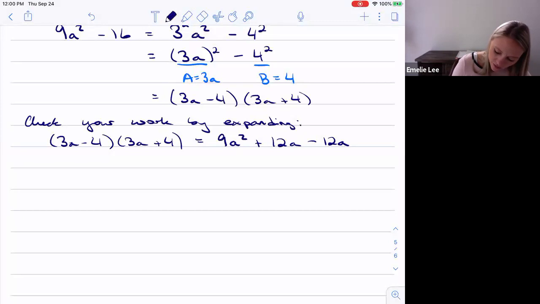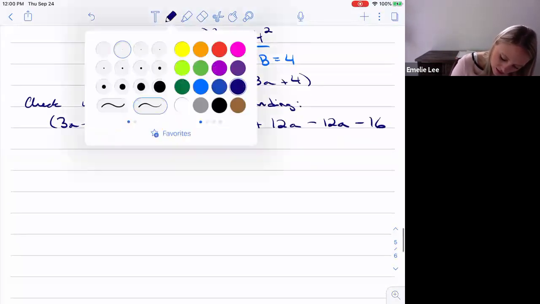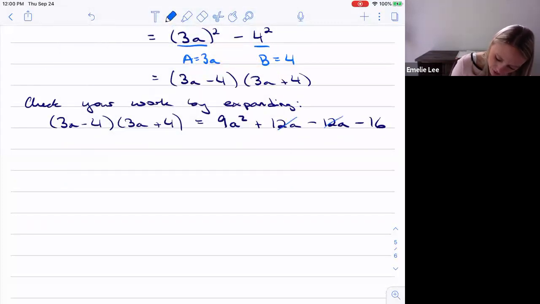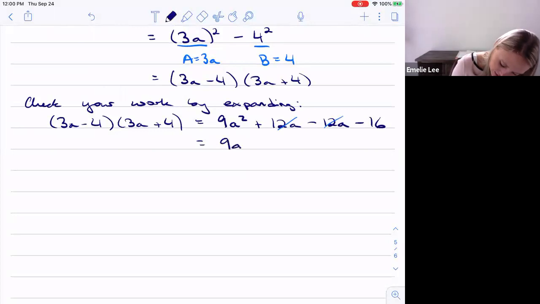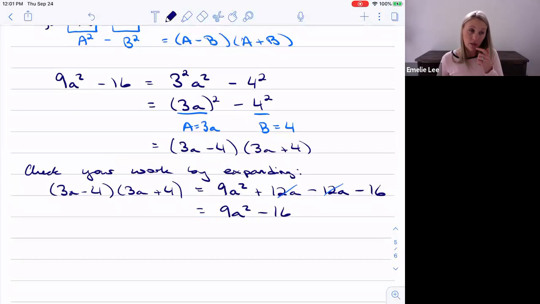And then minus 4 times plus 4, minus 16. So 12a minus 12a goes away. Now I'm at 9a squared minus 16, which is exactly where I wanted to get to. So, whee, good to go.